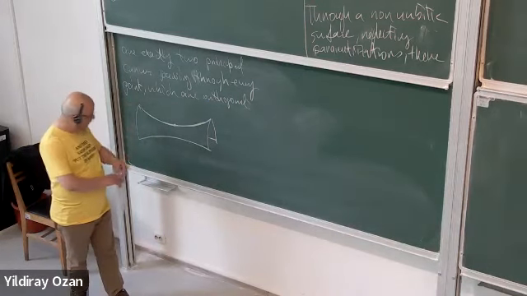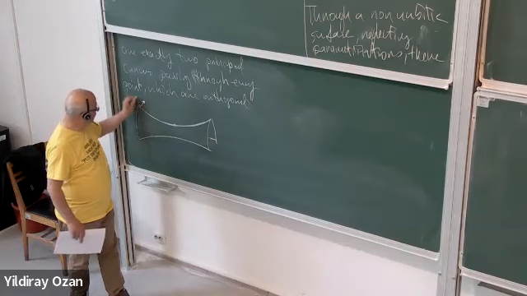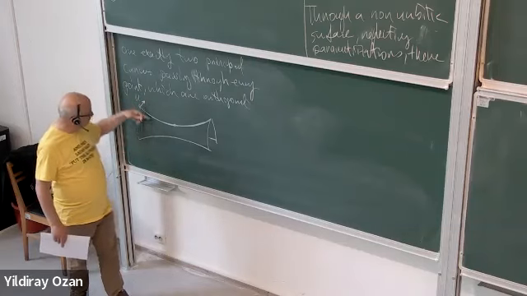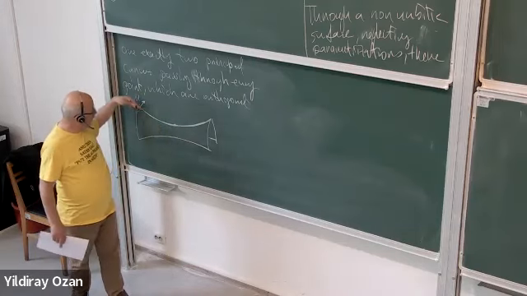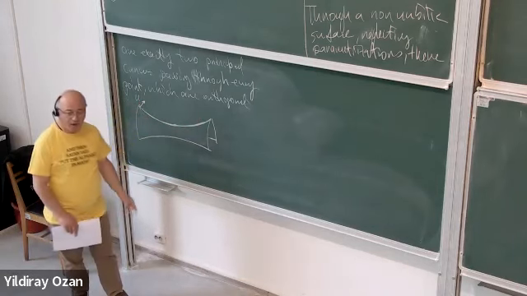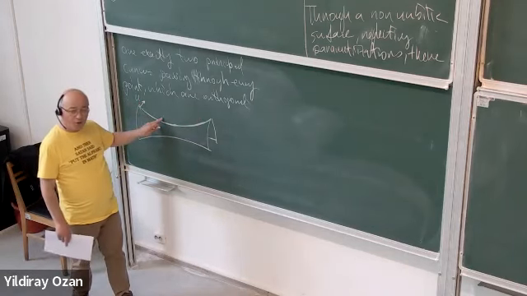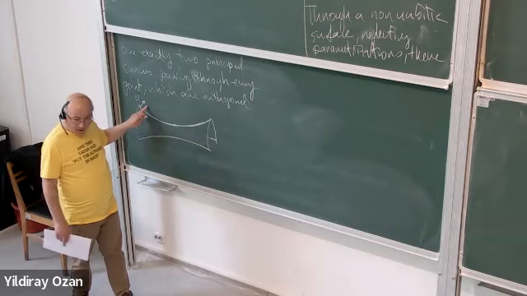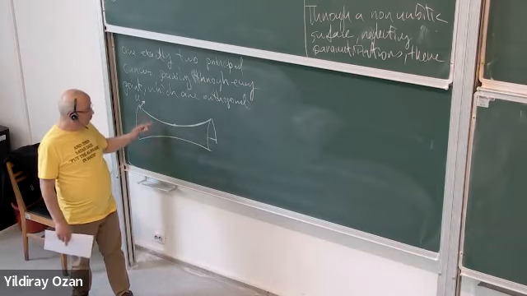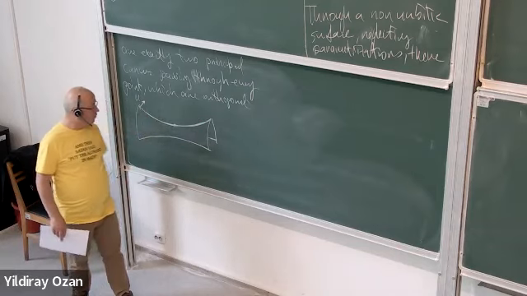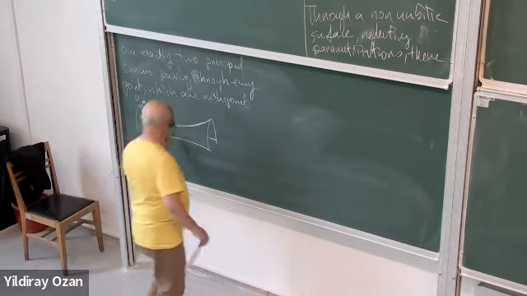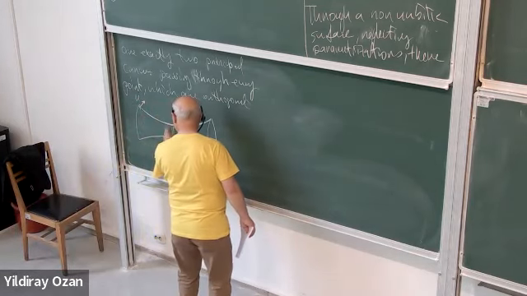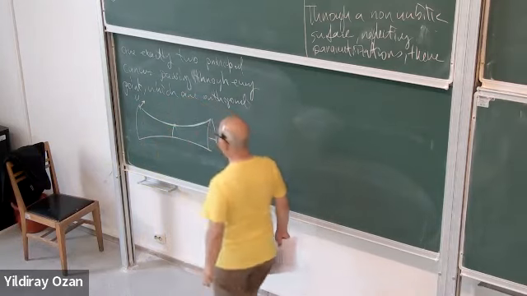If I choose my normal vector u in this direction, then this curve has positive curvature because the normal direction of this curve is parallel to this one. Therefore, this is positively curved. And this one is negatively curved.